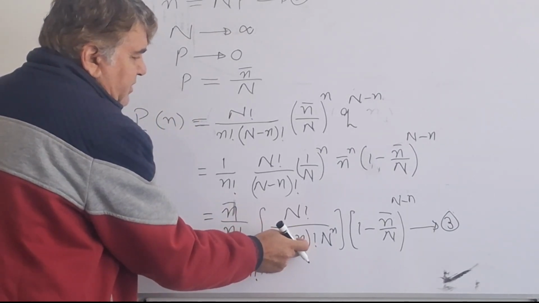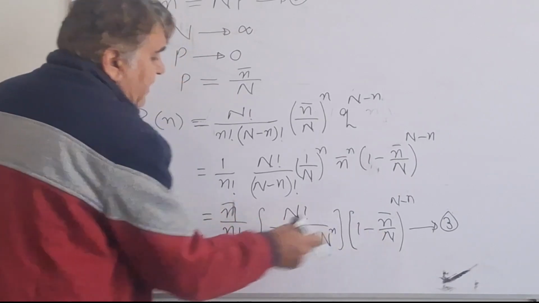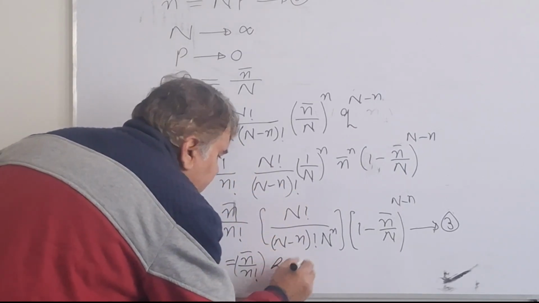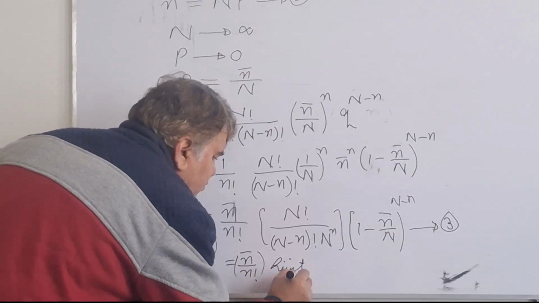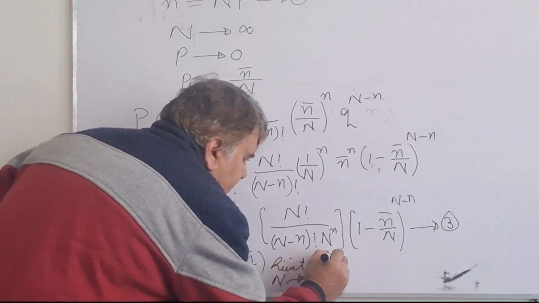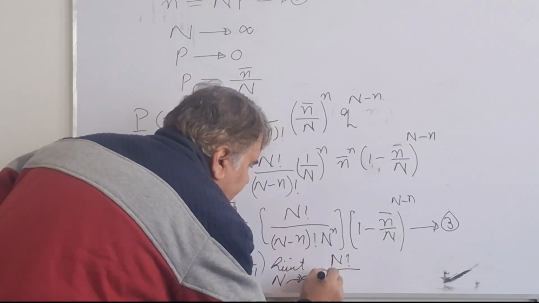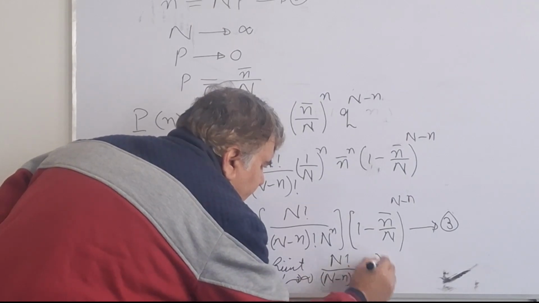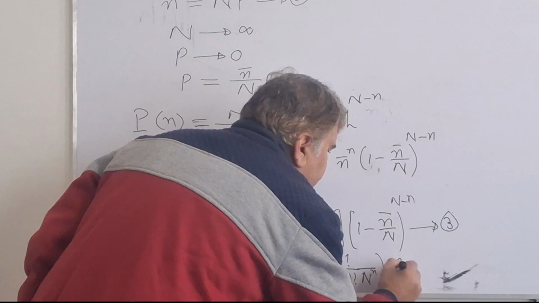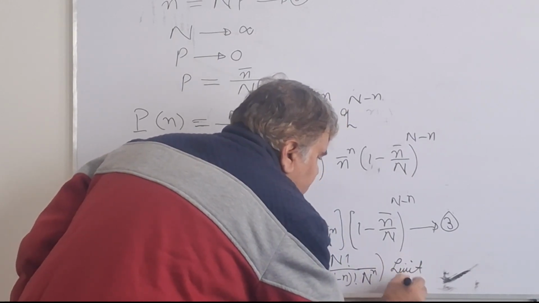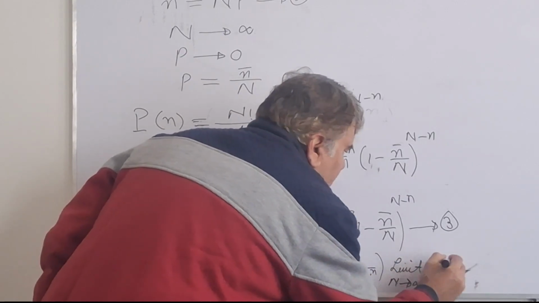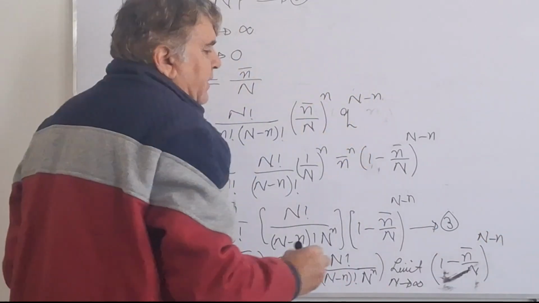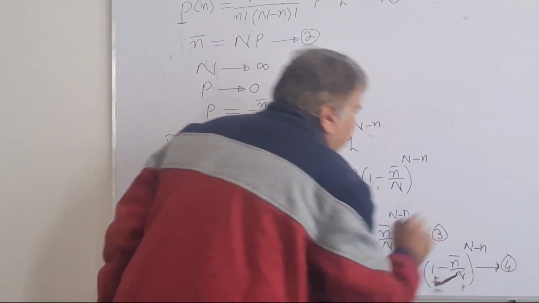Then I apply the limit to this factor, and the limit to this factor, because both of these terms contain capital N. So I take the limit as capital N tends to infinity of capital N factorial divided by capital N minus small n factorial and capital N raised to the power small n, and then the limit as capital N tends to infinity of 1 minus n bar divided by capital N to the power n minus small n. And I call this equation 4.